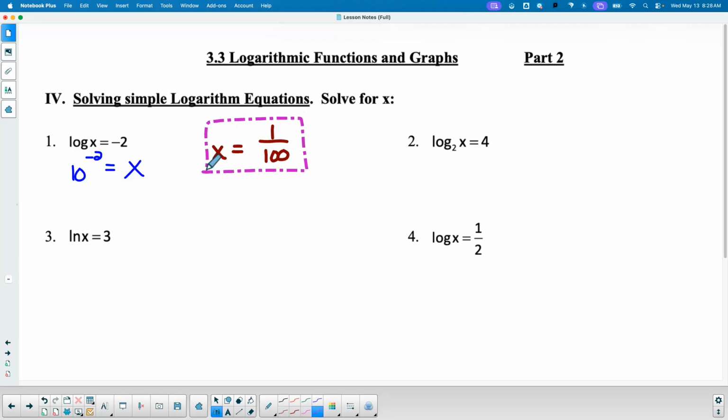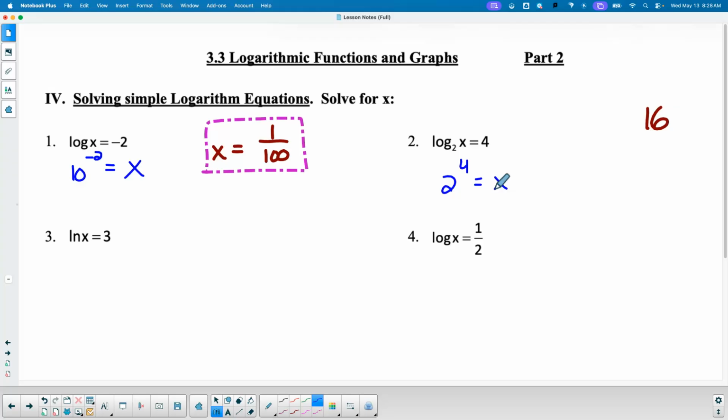Number 2, 16. Switch forms with it. My base is 2, my exponent is 4, my argument is x. Number 3, exact, not rounded.